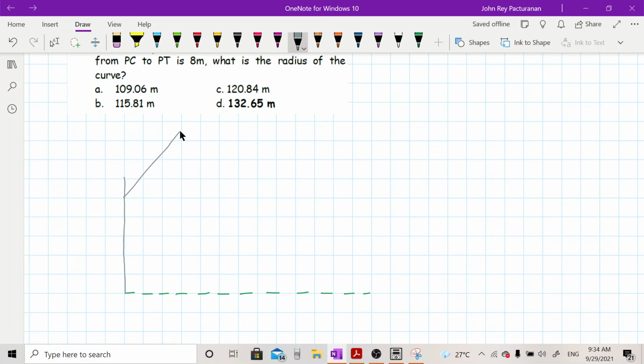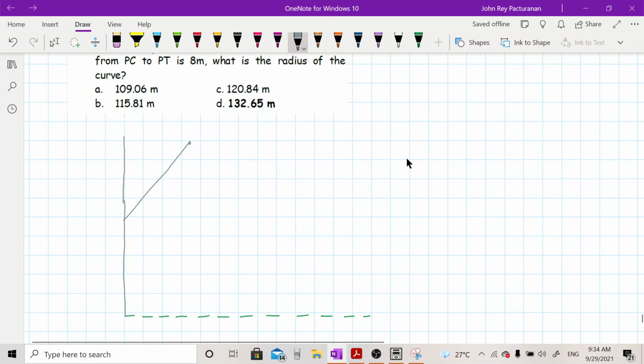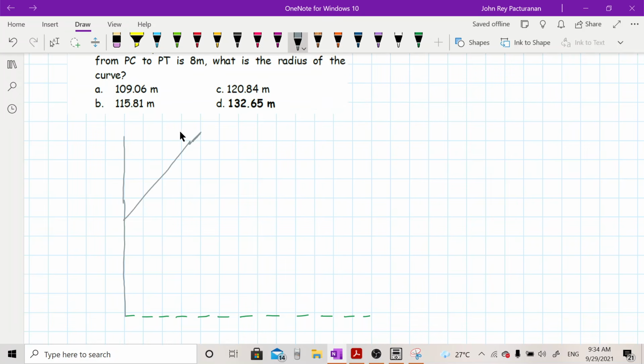Then, drawing tayo ng forward tangent. Okay? So, i-extend natin to. Feeling ko, kailangan ko din tong i-extend. Okay. Tapos, ilagay natin yung mga important points, which is the PC, tapos yung PI, then lastly yung PT.